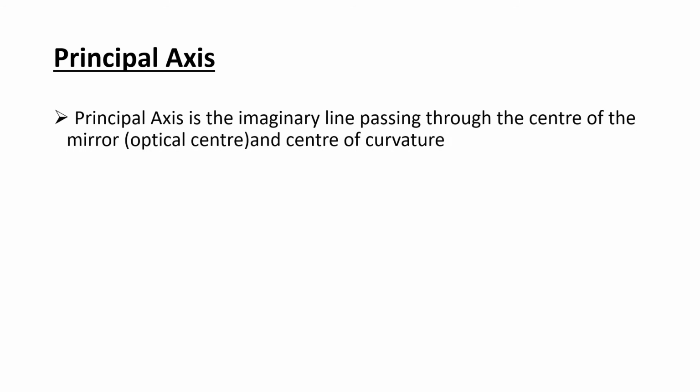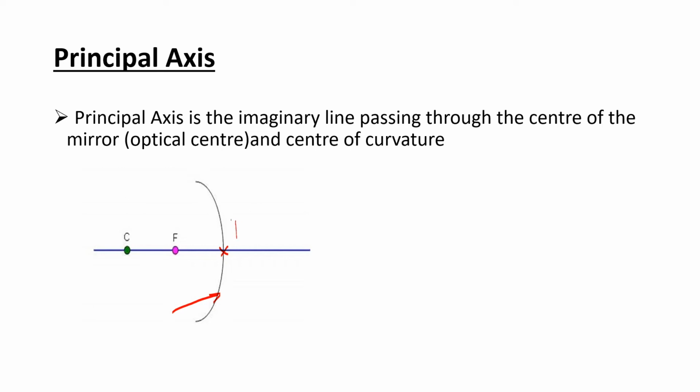Next term is principal axis. What is principal axis? Principal axis is the imaginary line passing through the pole of the mirror and the center of curvature. This is a concave mirror and this is the midpoint or center. You can call it the optical center of that concave mirror.